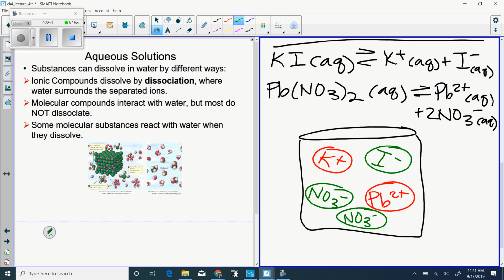Okay, so kind of like that. When they get in the beaker and the water dissolves them, how do I know the water is going to dissociate them? Because they're aqueous, they're soluble. So what's actually happening in that beaker is it's not a crystal, it's potassium ions, iodide ions, lead ions, and nitrate ions.